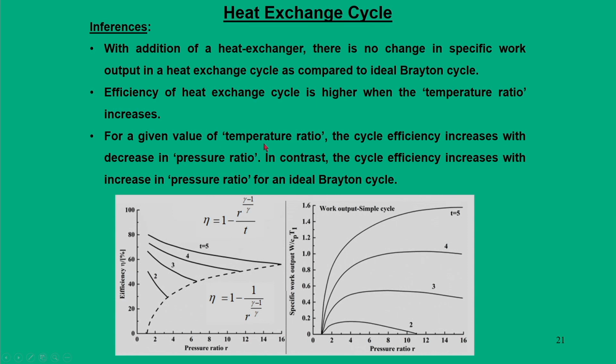For a given value of temperature ratio, the cycle efficiency increases with decrease in the pressure ratio, or we can say in a reverse way, decreases with increase in the pressure ratio. But in contrast, the cycle efficiency increases with increase in the pressure ratio for an ideal Brayton cycle.